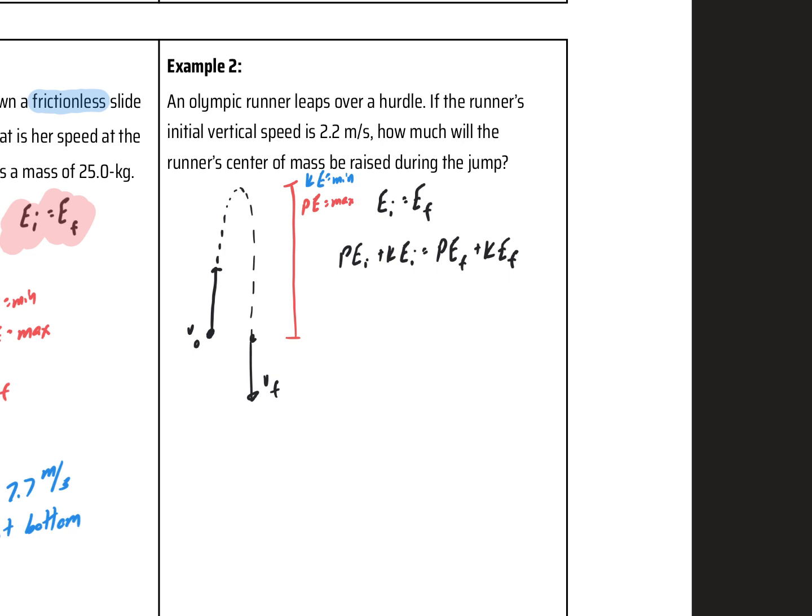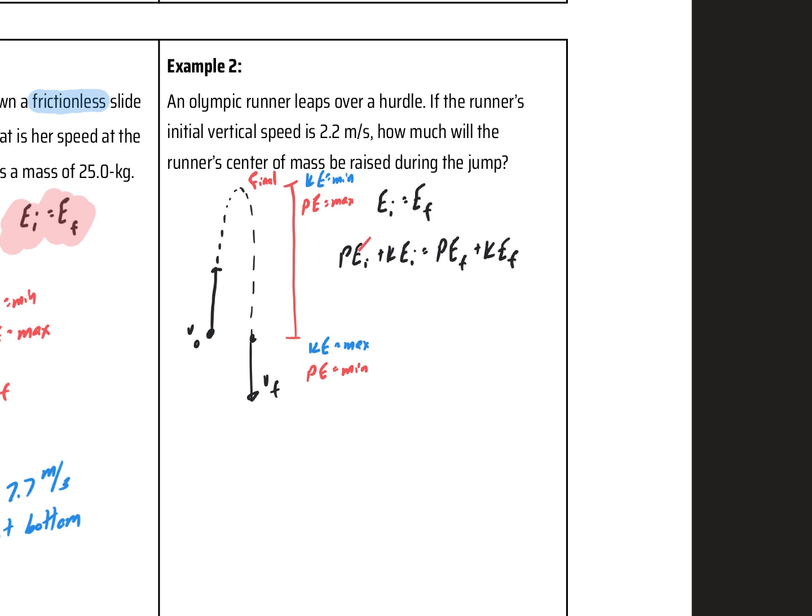This would be position 2, or the final side up at top. At the bottom the kinetic energy is going to be at a maximum. As soon as I leave the floor, I'm going as fast as I'm going to go as I jump, and the potential energy here is at a minimum. It's actually 0. I haven't lifted off the ground yet.